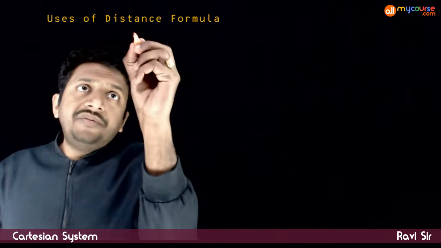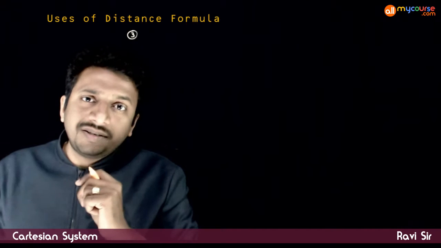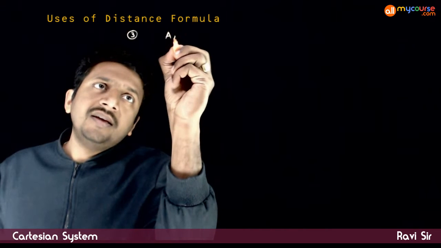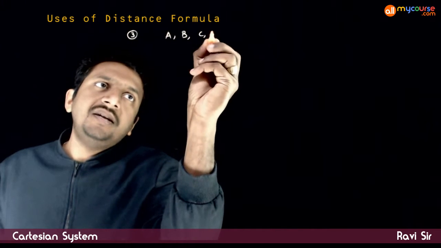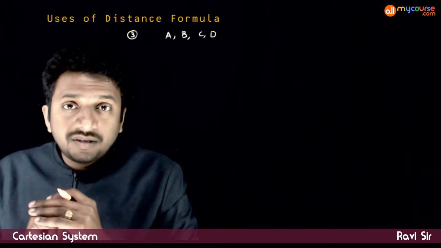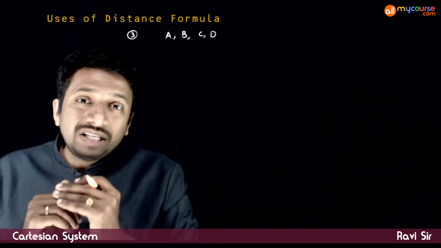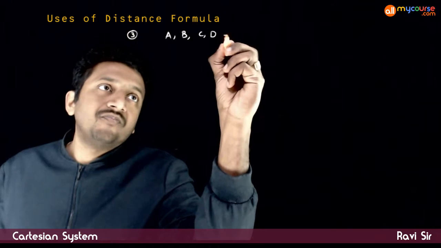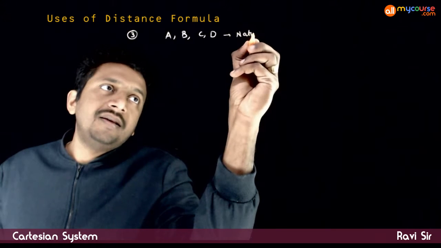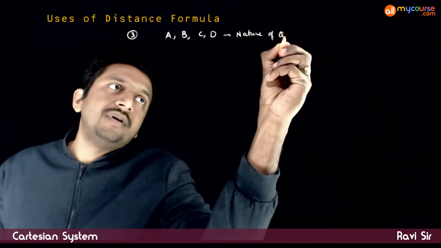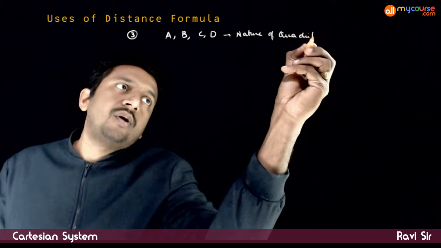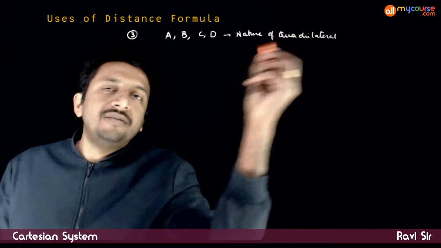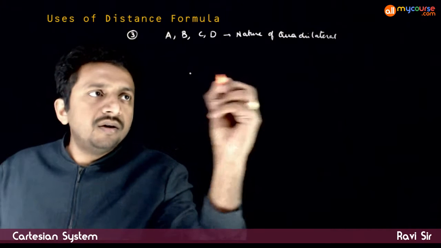Next, if you're given 4 points A, B, C, D, you can determine the nature of quadrilateral that is formed.